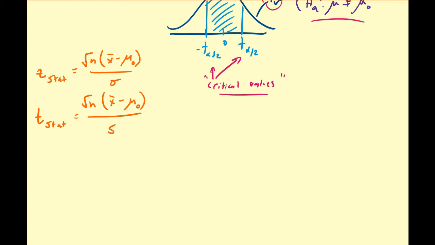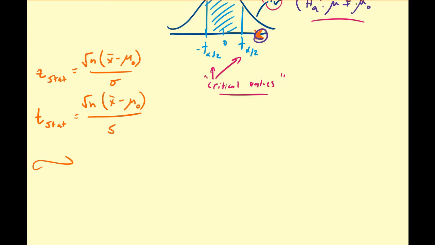So what do we do with these test statistics? Let us assume that the one we use is either bigger than t alpha over 2 or less than minus t alpha over 2. Let us assume that it's over here somewhere on our distribution.